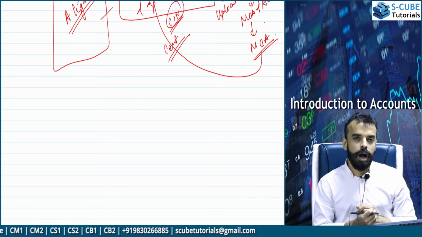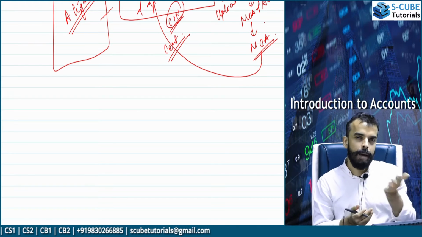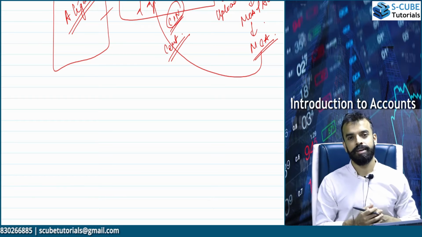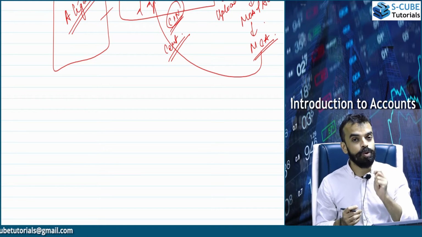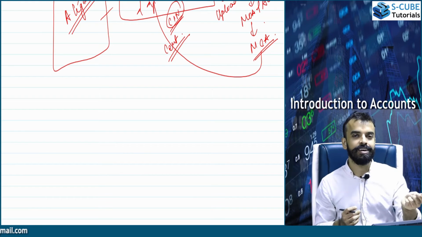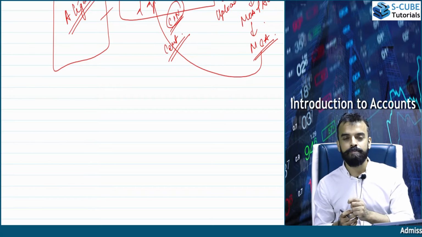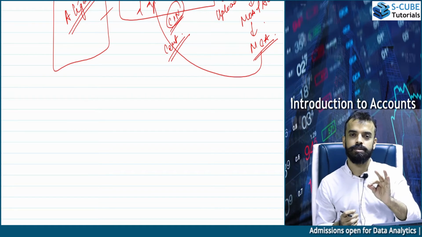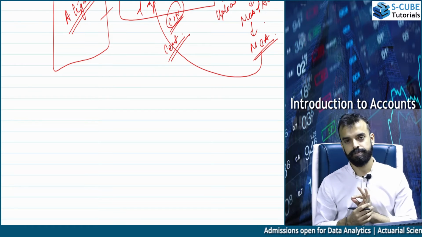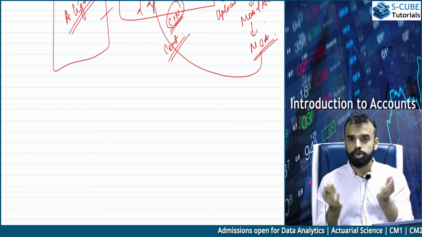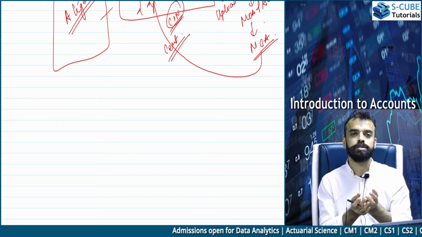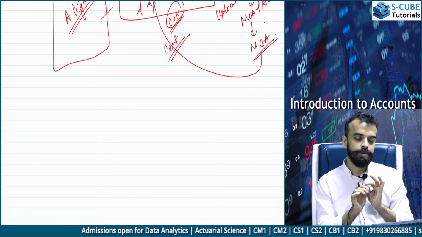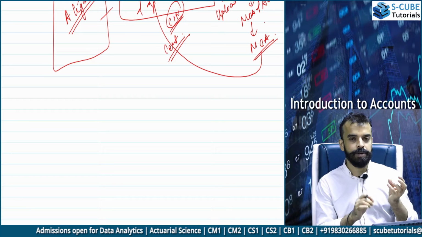For instance, if a company wants to raise funds from the market, it will issue share capital to the public. So only a public limited company can issue securities to the public. If you are not a public company, you can only issue securities to a limited number of members whom you can have on board. So there are two types of companies which could be formed, a private company and a public company.